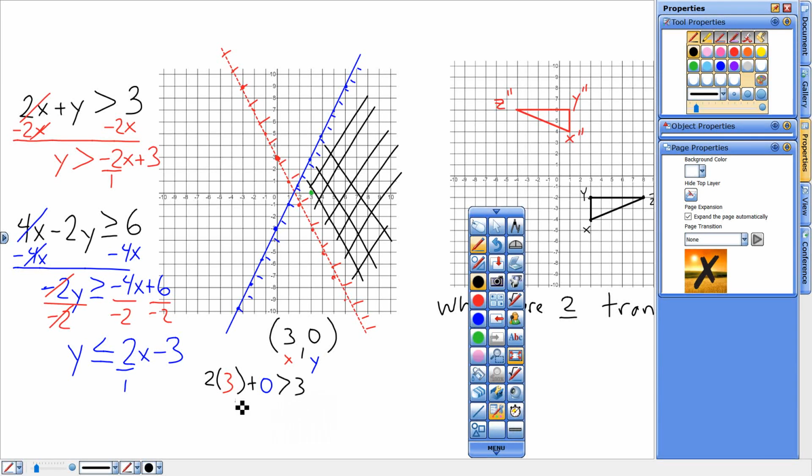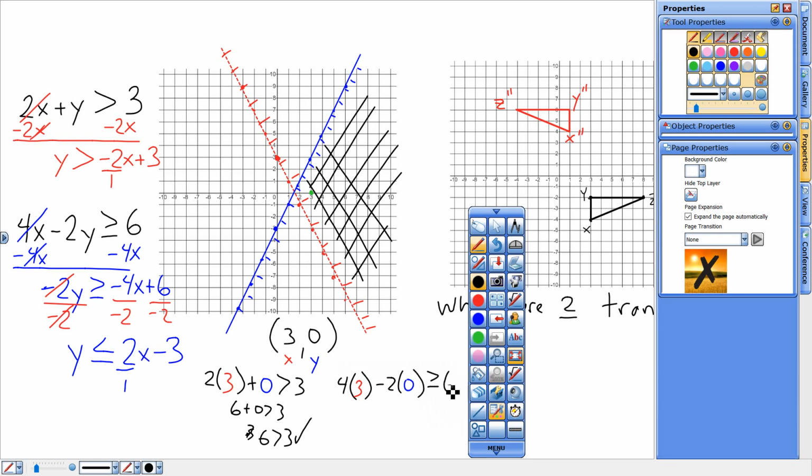That gives me 6 plus 0, which for sure, 6 is more than 3. That is true. When I plug that x and y number into the other inequality, that one should work as well.